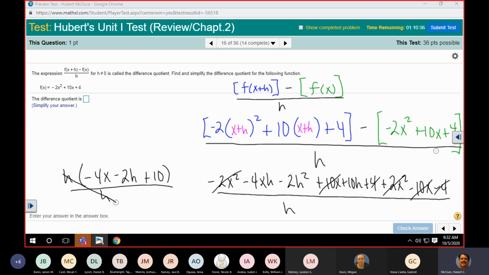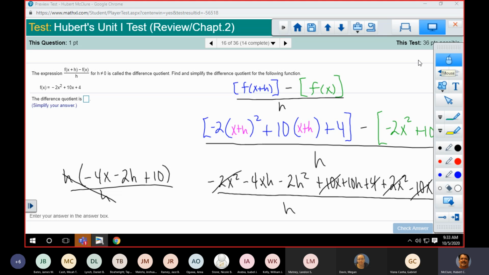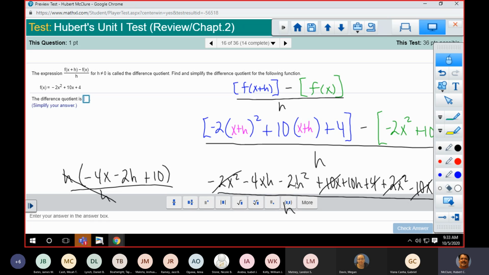I think that's right. Let's type it in and see if I made a mistake. -4x minus 2h plus 10.